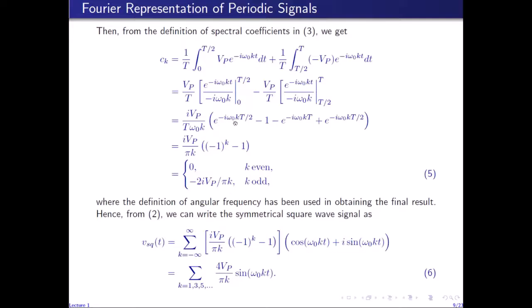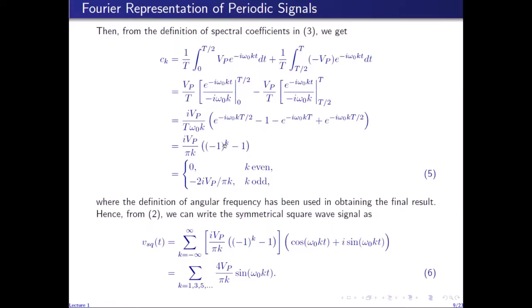Exponential of minus iota pi k, again from Euler's formula, can be seen to be equal to minus 1 power k. So I'll have 2 times minus 1 power k minus 2. This factor of 2 can be taken outside, and in this denominator, again, I can replace omega naught T with 2 pi, so the 2 will get cancelled with 2.